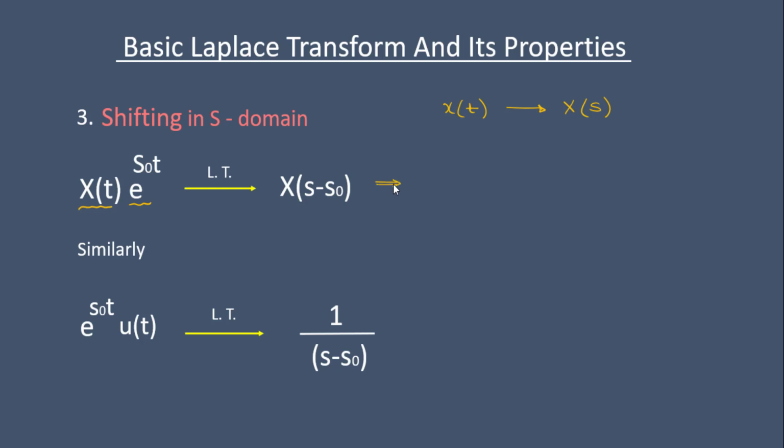A simple way to remember this property is that exponential multiplication in time domain results in shifting in S domain and with opposite sign.